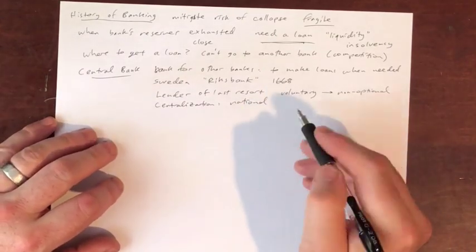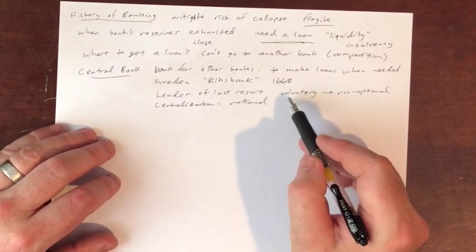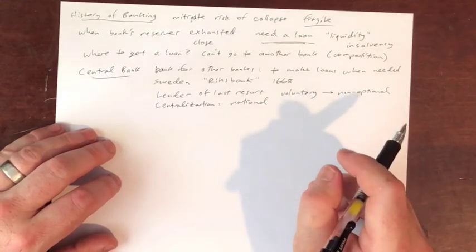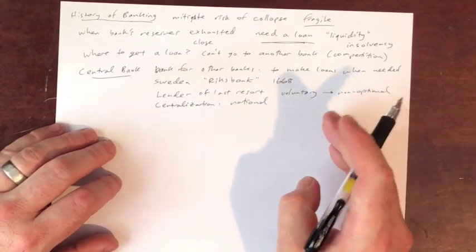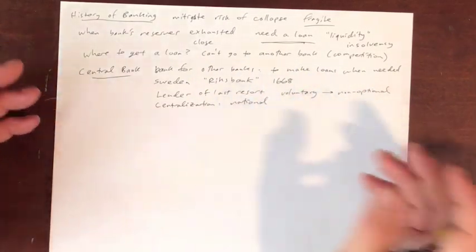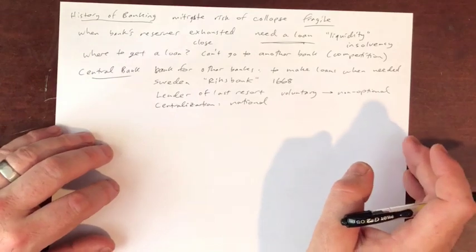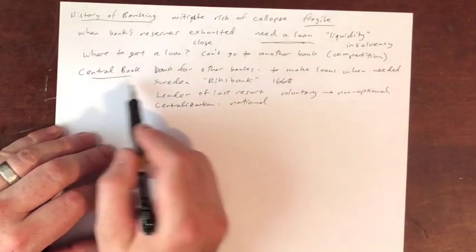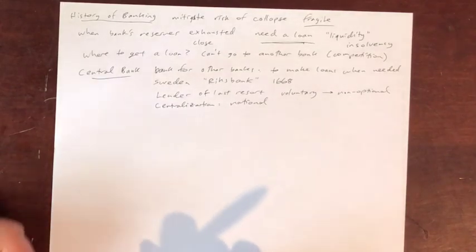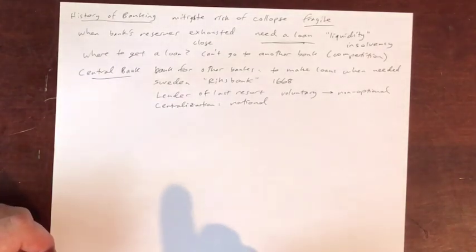During this period, the late 1600s, early 1700s, we have the creation of a central bank in England and in France. So countries that are ahead in terms of the development of capitalism, as a rule, also develop central banking sooner, because they're developing lots of financial institutions at once.